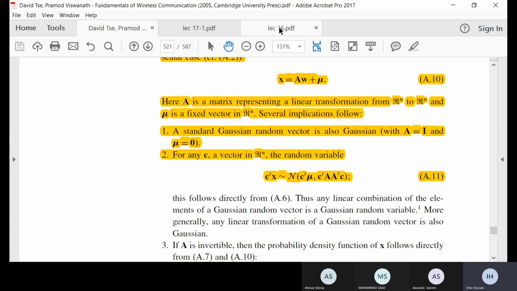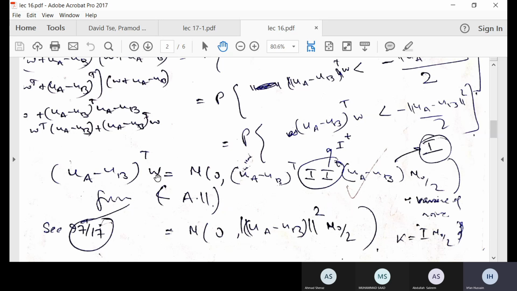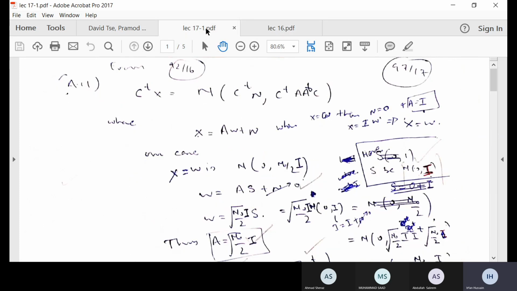Now in our case, w was a transformation of the standard vector, being multiplied by this. Here I have reiterated the point that if mu is 0 and A is equal to I, then x is equal to w, so w is the standard.